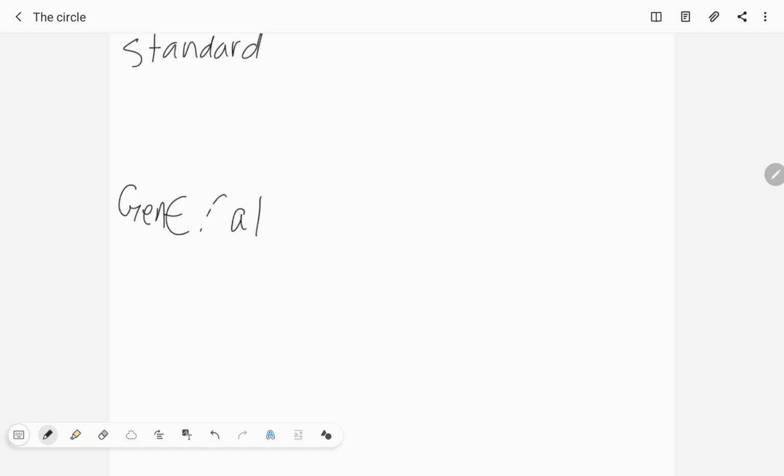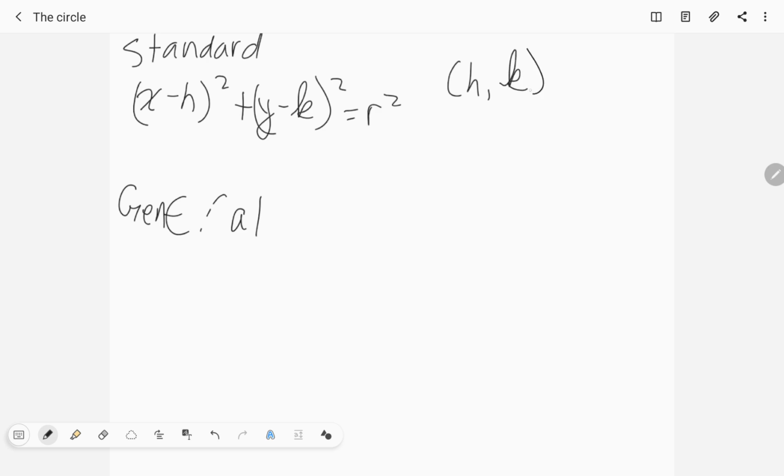Standard form for a circle looks like this: (x minus h) squared plus (y minus k) squared equals r squared. H and k are the center of your circle. R is the radius of your circle.